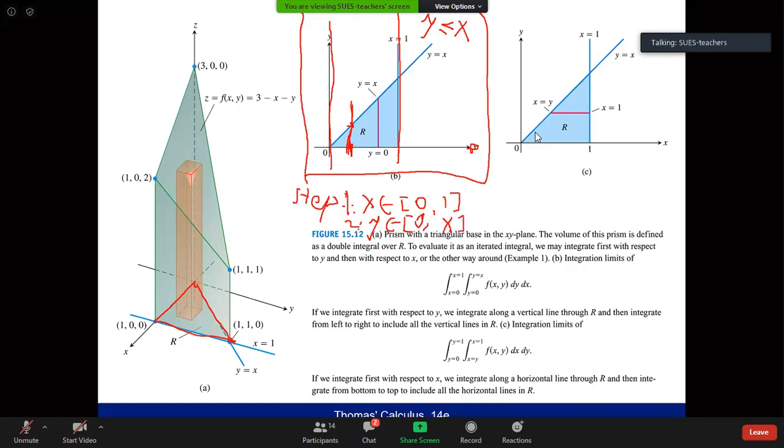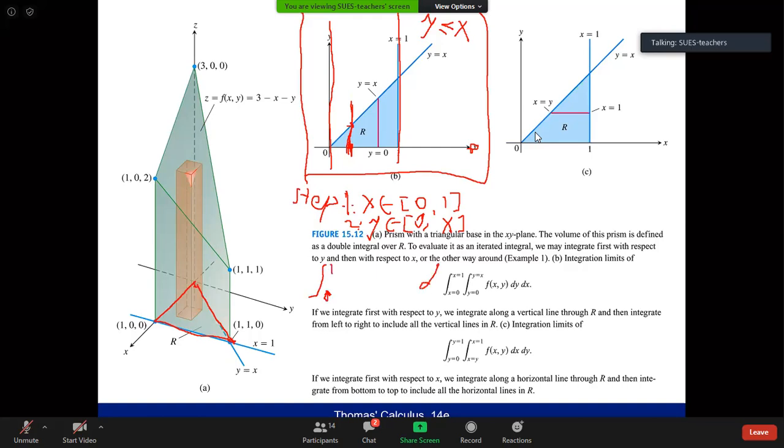Then you write down the double integral. Step 1 defines the outside: x from 0 to 1.